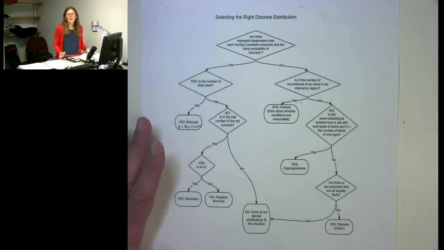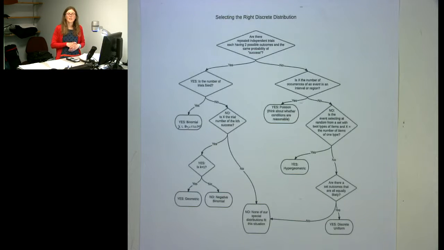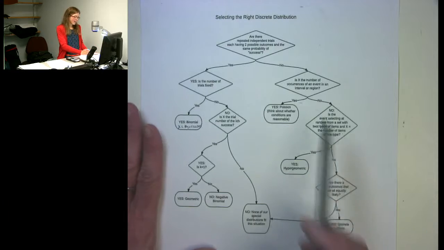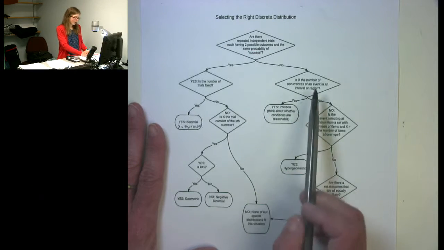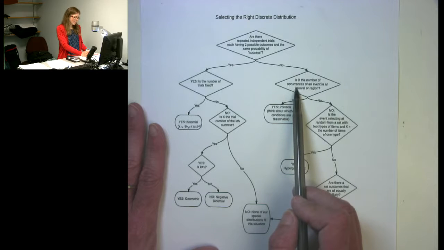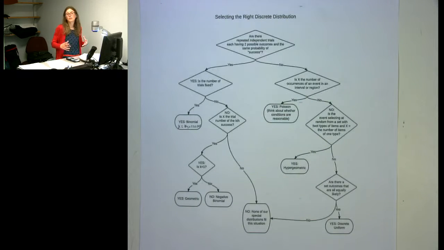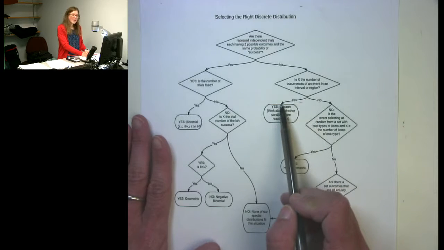Now from the beginning, if I did not have a situation where I have independent trials with 2 possible outcomes and the same probability of success in each trial, then I'd have to start asking myself different questions. Say, okay, is x the number of times that a particular event occurs over some interval of time or region of space? If the answer to that question is yes, then it may be appropriate to use a Poisson distribution.